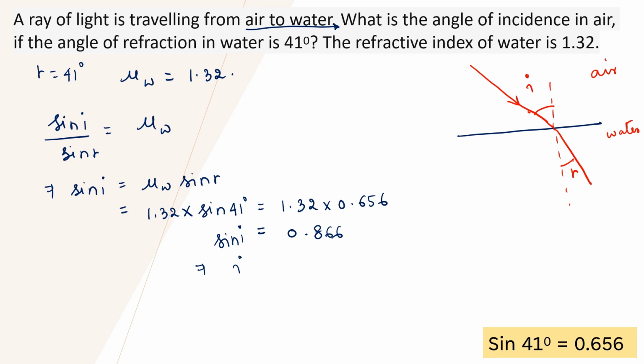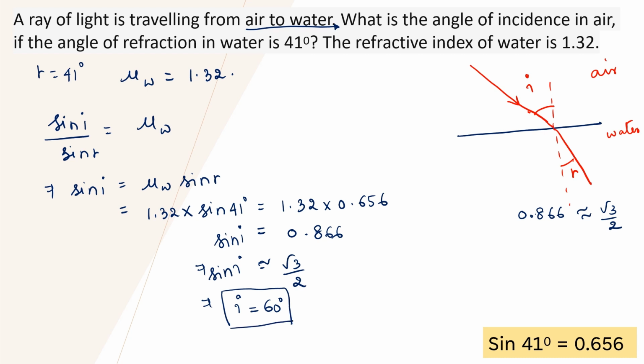By the way, 0.866, yeah, I can remember this, is approximately equal to root 3 by 2. So sin i is approximately root 3 by 2. So for which angle is sin equal to root 3 by 2? So i should be around 60 degrees. So the angle of incidence is 60 degrees.